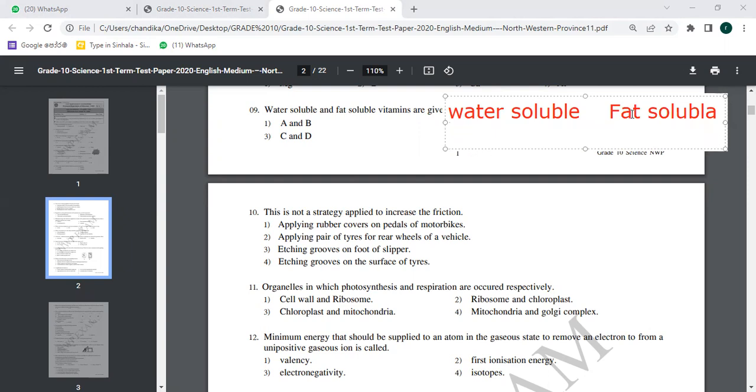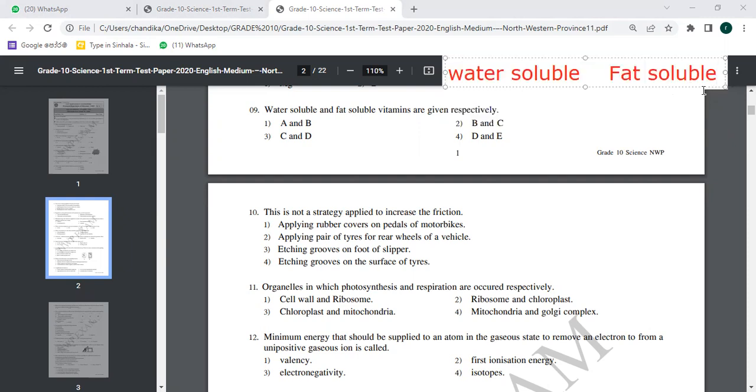Water soluble ones are only B and C. I told you, before Christ: water soluble ones are B and C. Others are ERDEC.